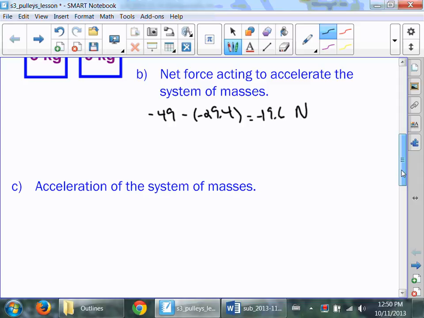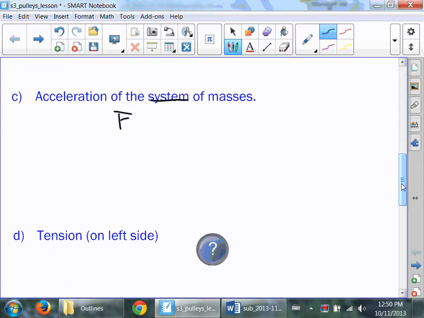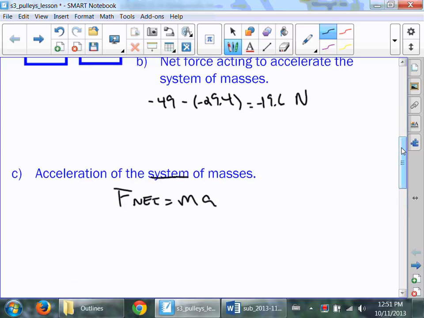So what would be the acceleration on the whole system of the masses? Well, we know that F net equals the mass times the acceleration. We know that the net force is negative 19.6.